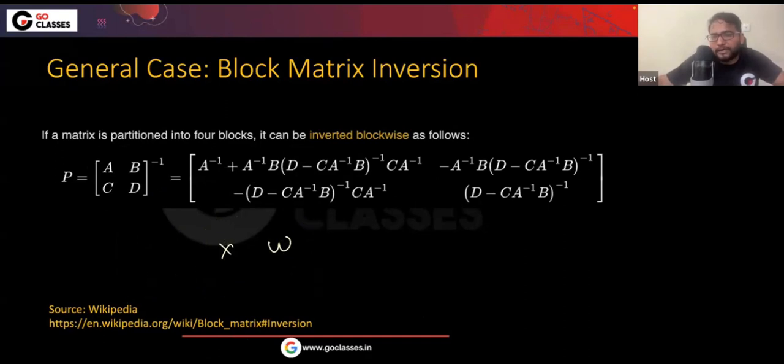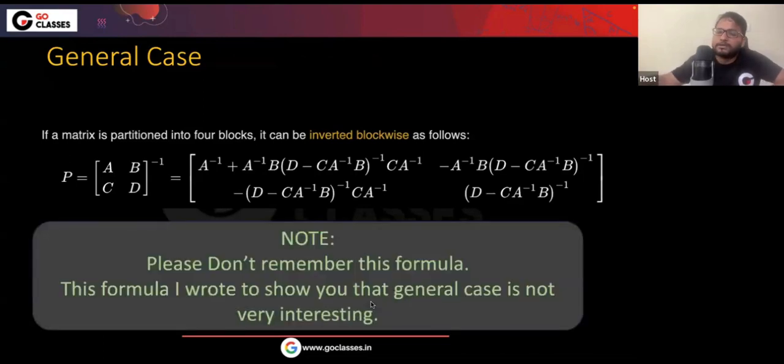Unfortunately the calculation is big. Fortunately, even though the calculation is big, we don't need to remember this formula. So please don't remember this formula. I wrote this formula to show you that the general case is not very interesting, right? It might seem interesting, but it is not.